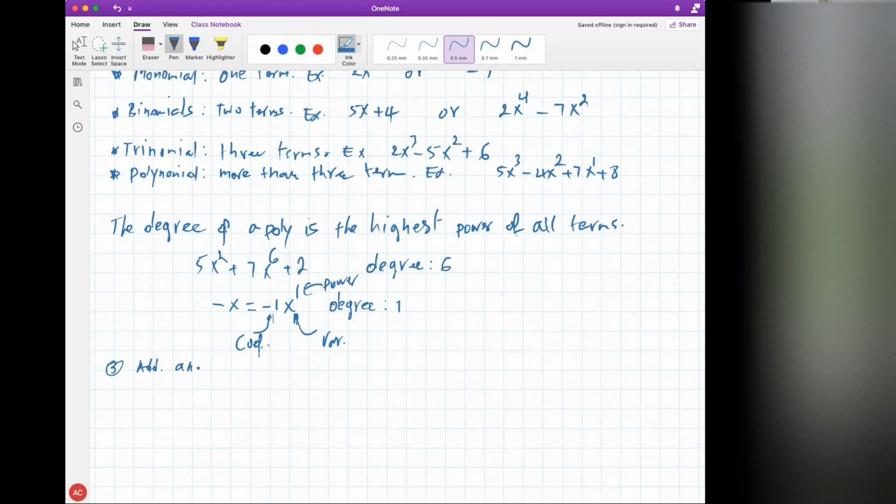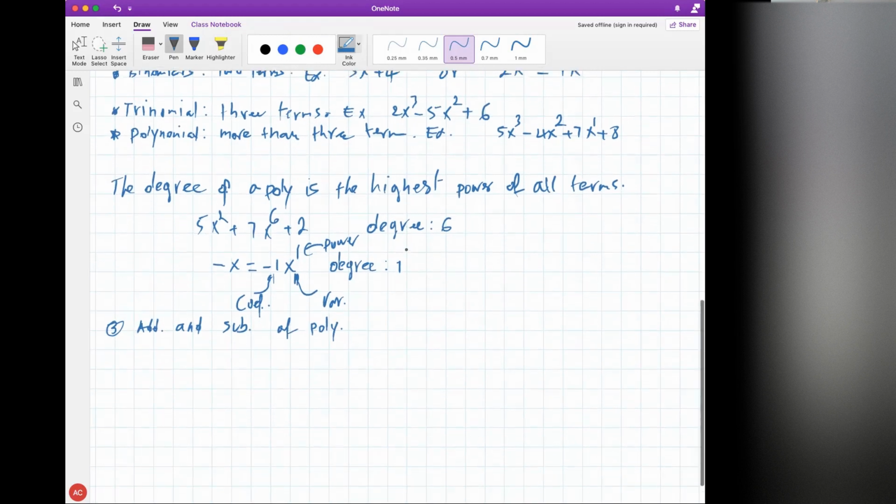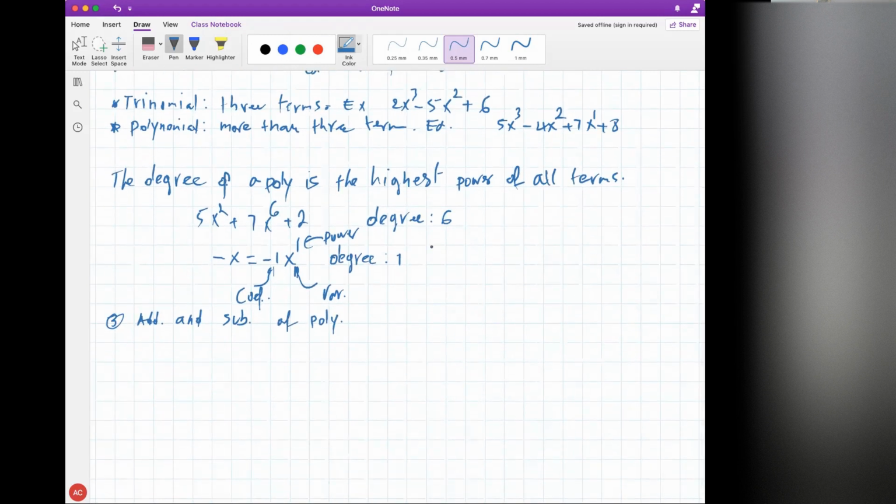So addition. Do you simplify them or no? Yes. Simplify, add everything. So addition and subtraction of polynomials. You can add 2 or 3 or 4 polynomials together into one, just like we did with the algebraic expressions, simply by combining like terms.